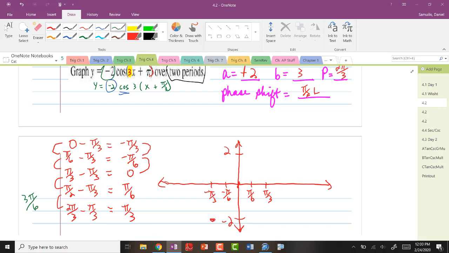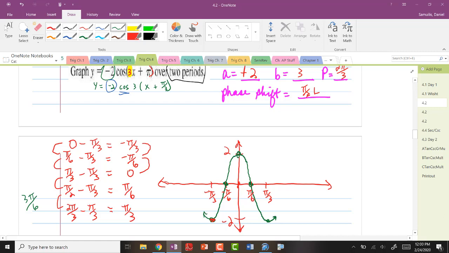Then negative pi over 6, comma what? 0. It's the cosine kid. Then 0, comma 2, and then 0 and then negative. So it's an upside down cosine kid with those shifted values.